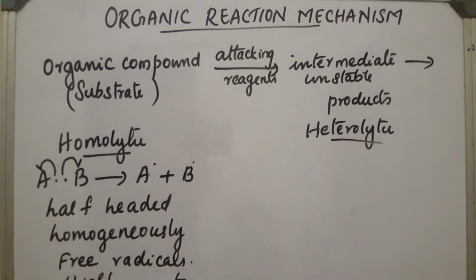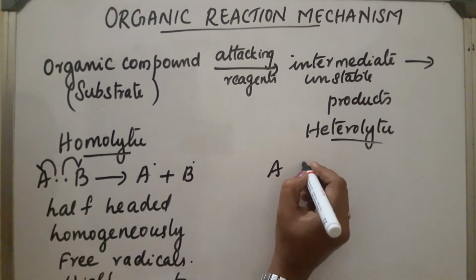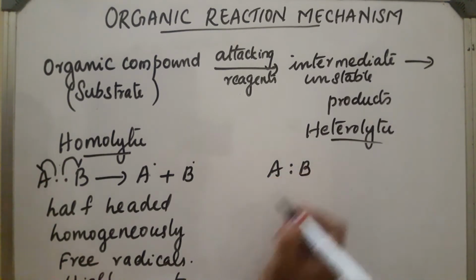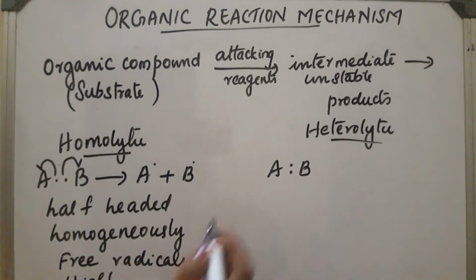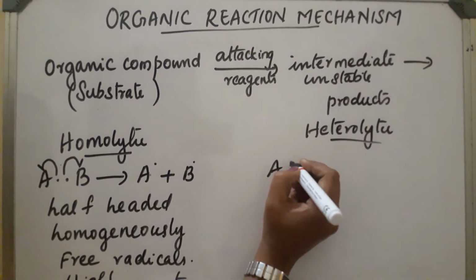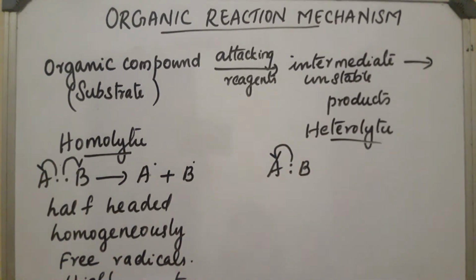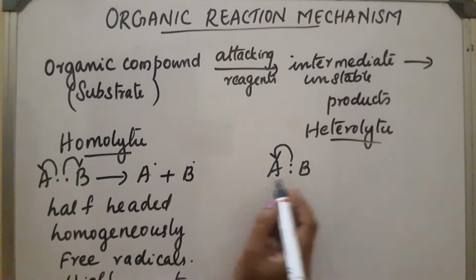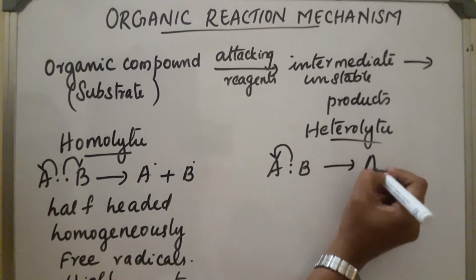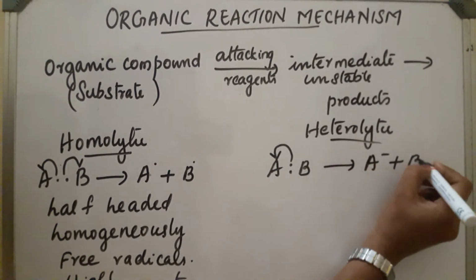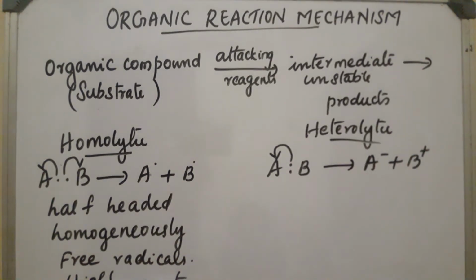Now, let us see what happens in the case of heterolytic cleavage. Similarly, A and B have a covalent bond between them. In this case, the shared pair of electrons will move towards either of the atoms. If it moves towards A, A gets a negative charge and B contains fewer electrons, so it gets a positive charge.